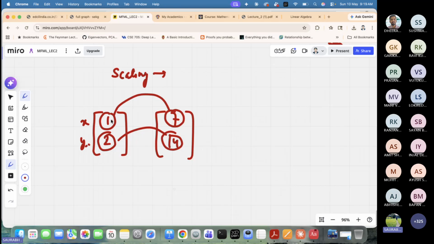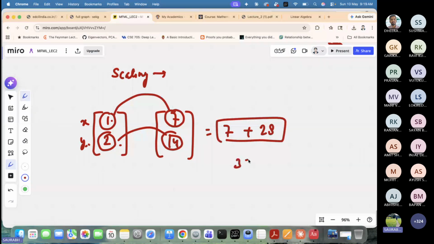But when you take the dot product, the output is what? 1 into 7 is 7, plus 2 into 14 is 28, so the output is 35. You had taken two vectors, combined them, took their dot product, and got a scalar number.